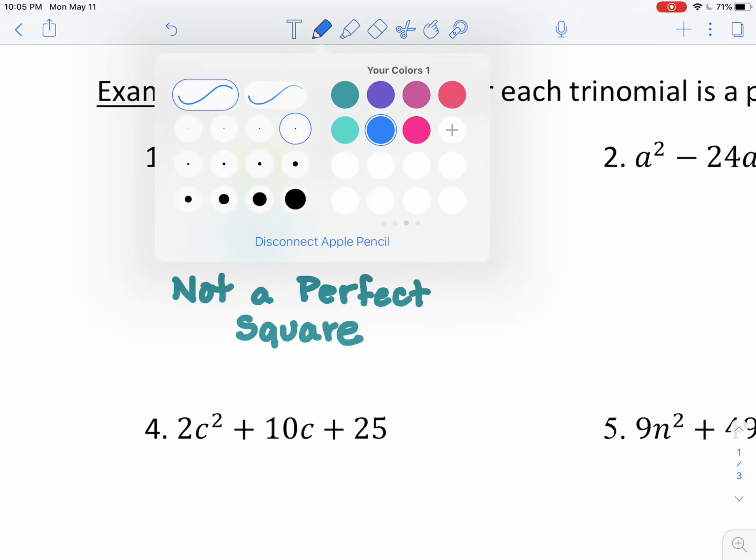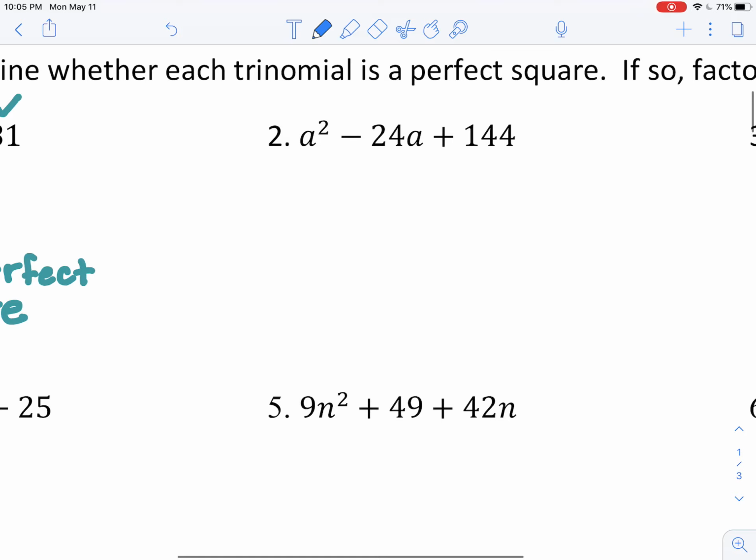Okay, take a look next at question number 2. Again, first we need to check to make sure that we have a perfect square trinomial. The first term, a squared, is a perfect square. The last term, 144, is a perfect square number.